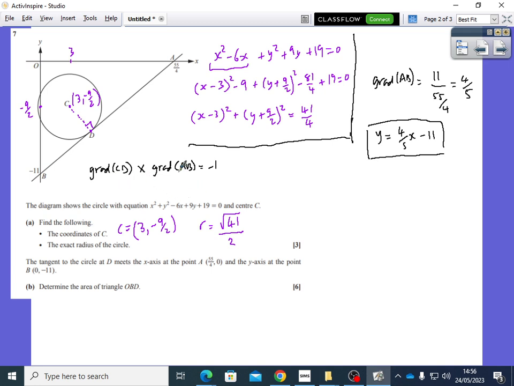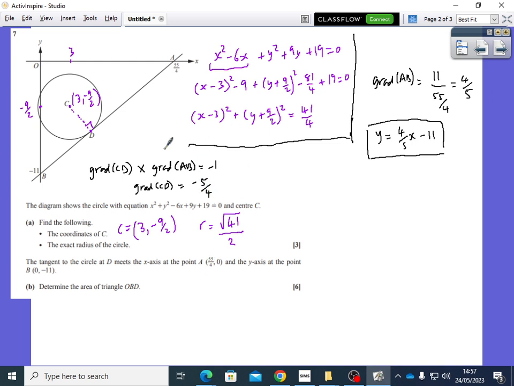So I know that the gradient of AB is 4 over 5, and I take it to the side, so the gradient of CD is going to be -5 over 4.